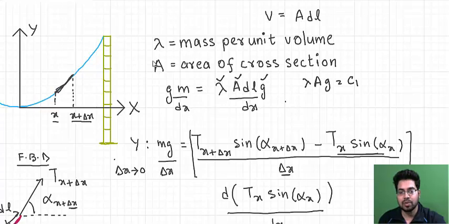So from here I am getting mg by dx to be equal to c1 dl by dx.